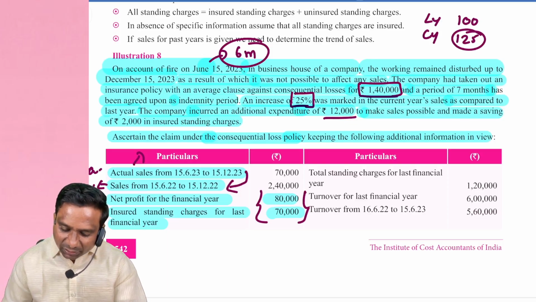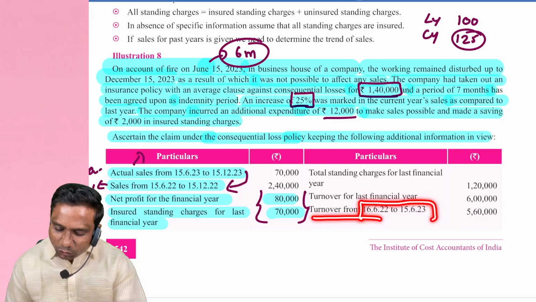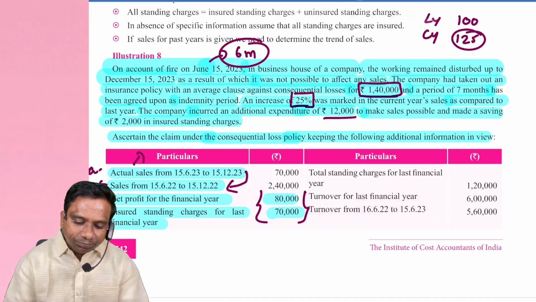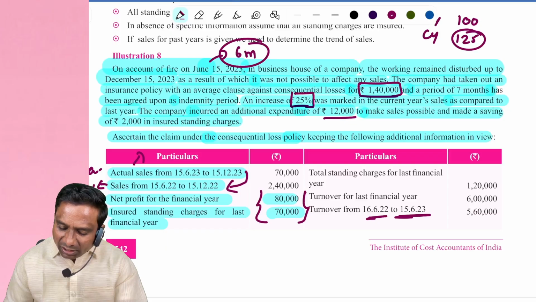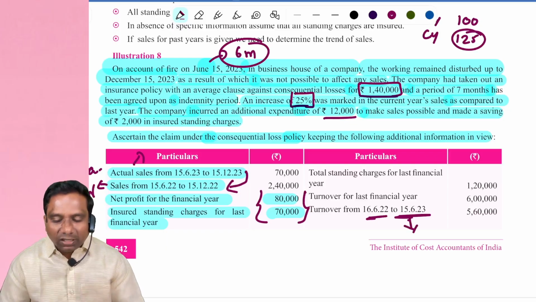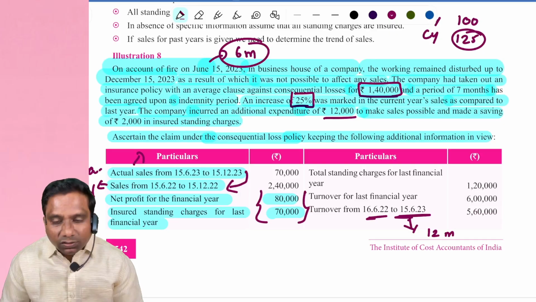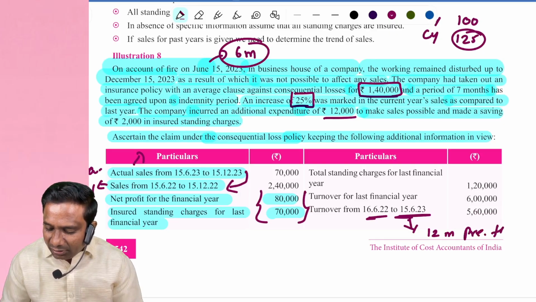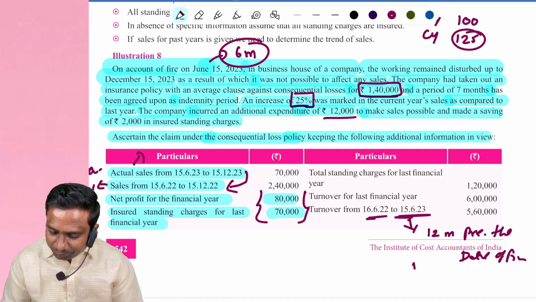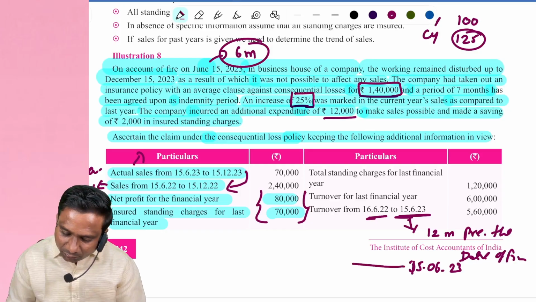Okay, sir. Next, turnover from 16/6/2022 to 15/6/2023, this is the 12 months time period preceding the date of fire. What is the date of fire? 15/6/23.